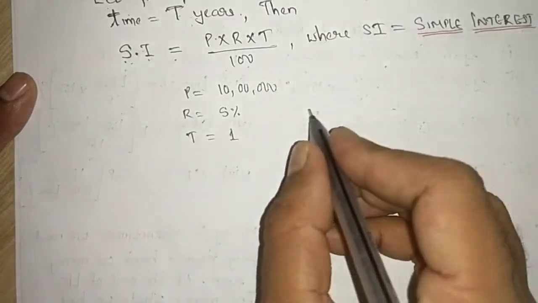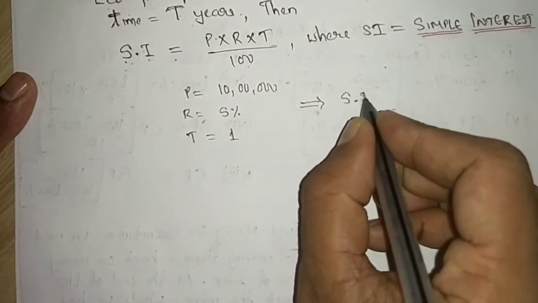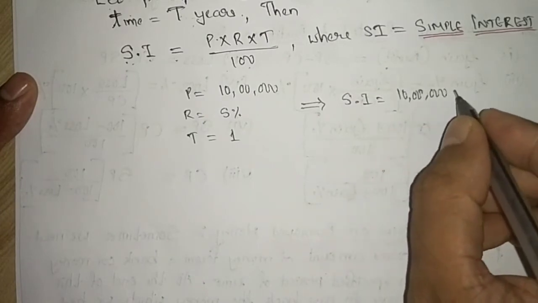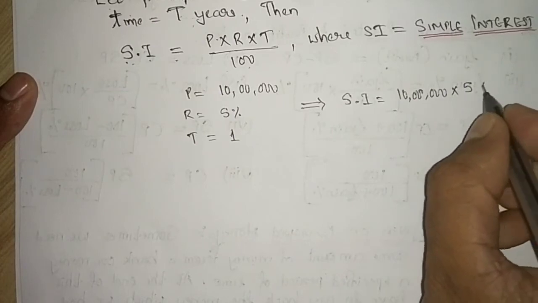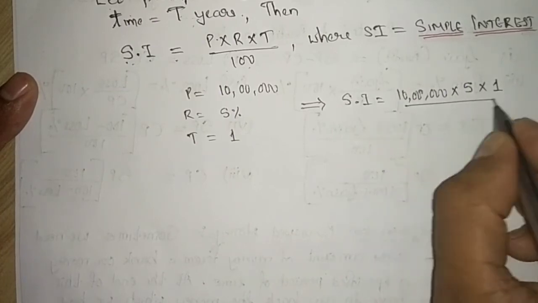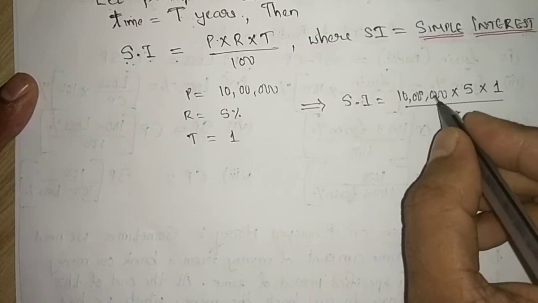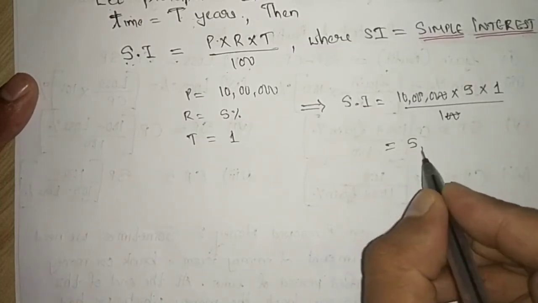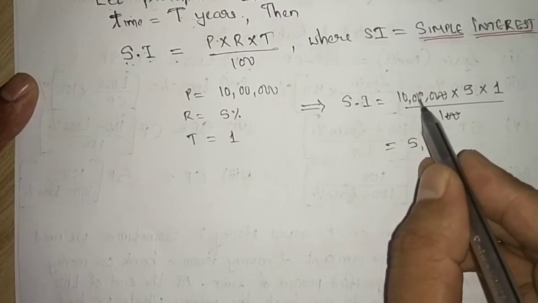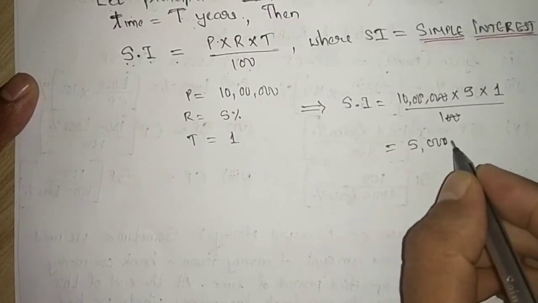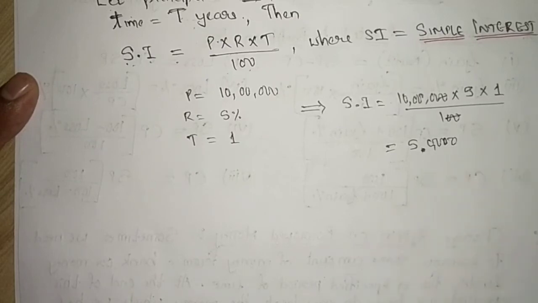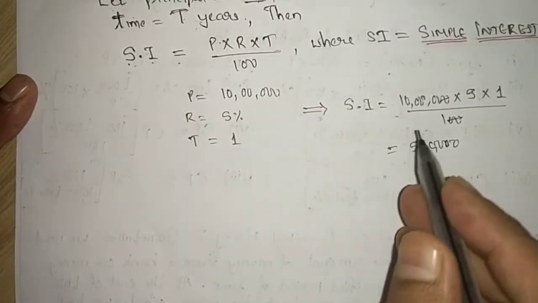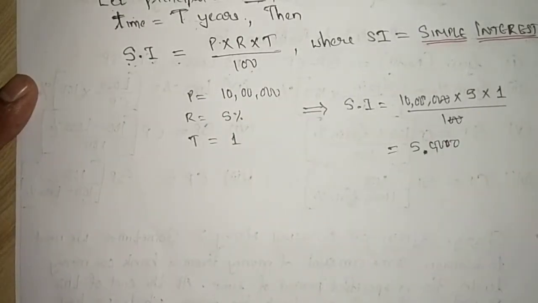So my simple interest will be 10 lakhs into 5 into 1, divided by 100. The two zeros will cancel out. 5 ones are 5, and the remaining zeros are 1, 2, 3, 4. So 50,000 will be my interest in 1 year. So I have to pay 10 lakh 50,000 if I am returning the amount.